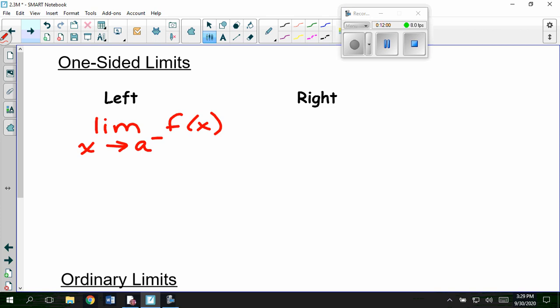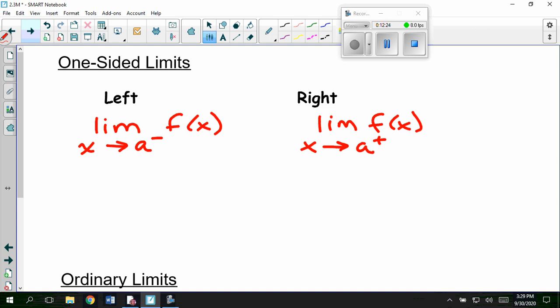So we use that notation to recognize that it was a one-sided piece. On the right side, of course, we did a similar thing, and we said the limit of f of x as x approaches some a from the positive side, also known then as the right side. So these one-sided limits do exist, where we can certainly approach things from different ways.